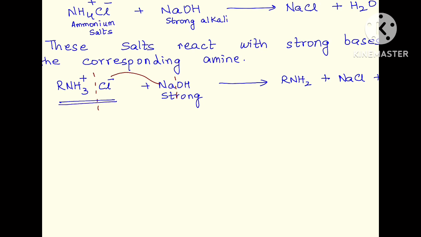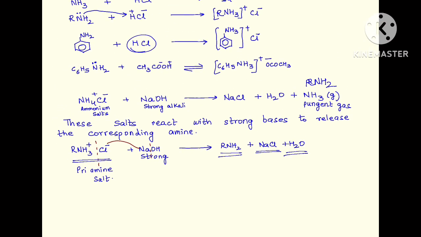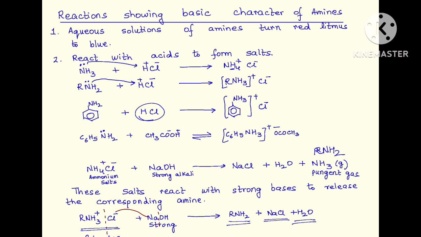So that means my primary amine salt reacted with a strong base to give me back the primary amine, salt and water. Isn't it easy? Go ahead, you can add it to your notes, which you must be making by now.